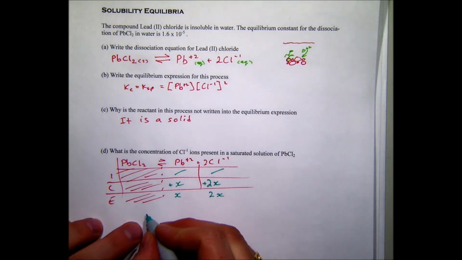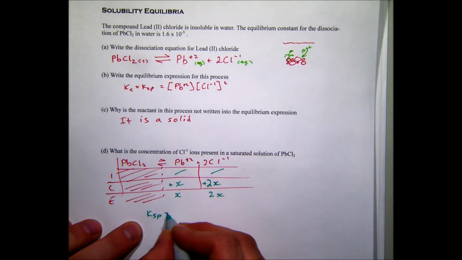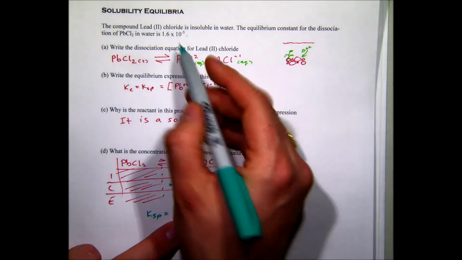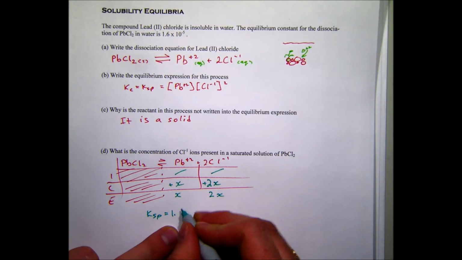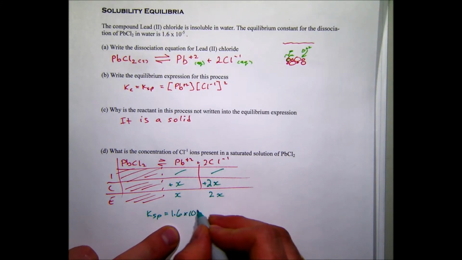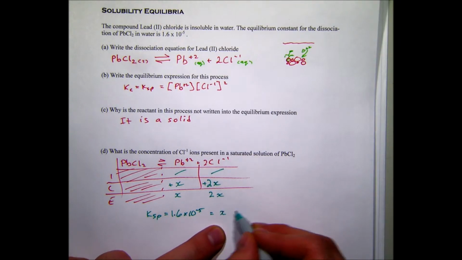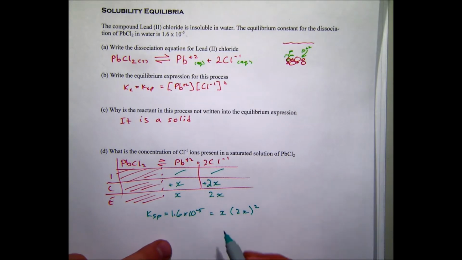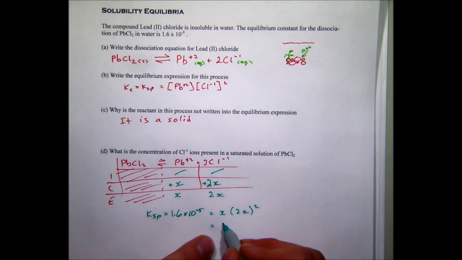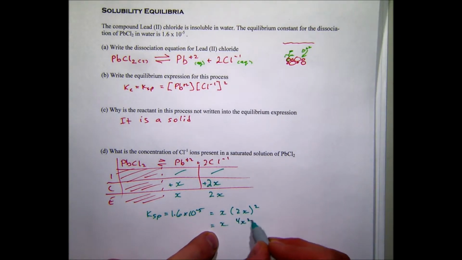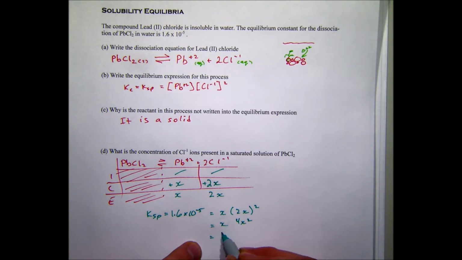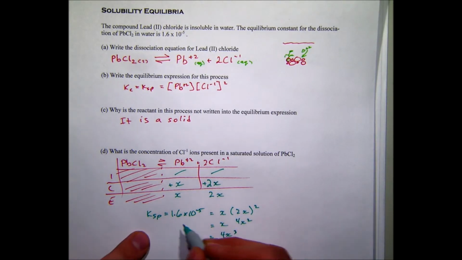So finally we write Ksp is equal to 1.6 times 10 to the negative 5, which is equal to x times (2x) squared, which is x times 4x squared, which is 4x cubed. And of course we have that constant that's just going to keep following us down.